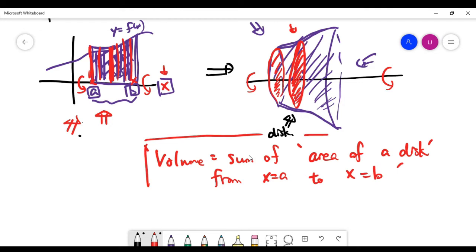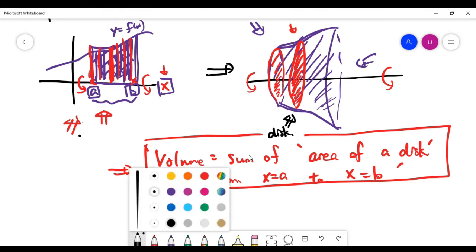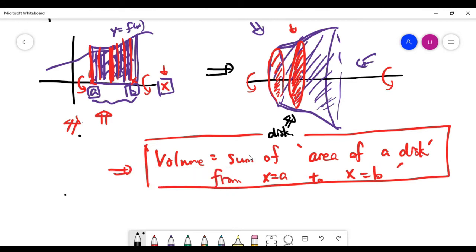So basically, if you sum up all this area of disk from the point x equals A to the point x equals B, informally speaking, it looks like we can get the volume of the solid, and mathematically it is actually true. And as I told you in the previous video, this summation process is basically an integration problem from A to B for the x-axis.